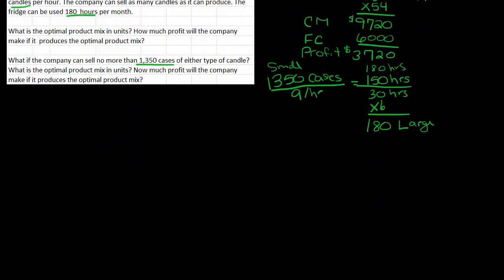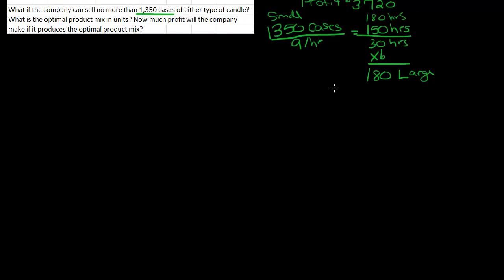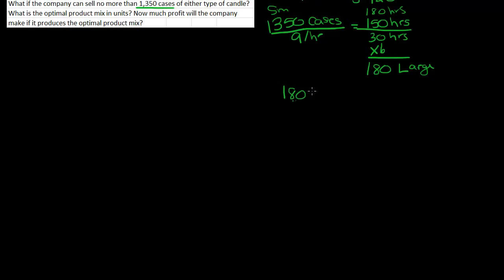So let's get some more room here and let's figure out what our profit would be if we made this mix instead. I've got 180 large and I've got 1,350 small.